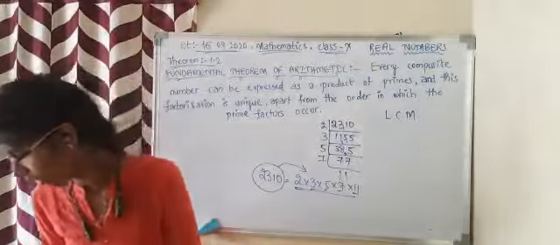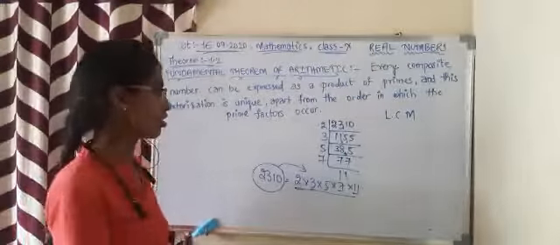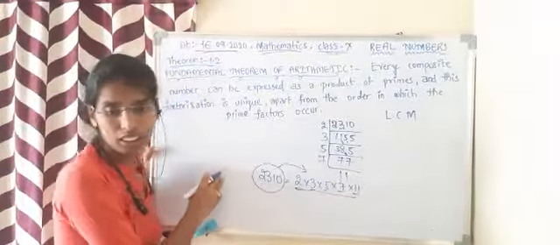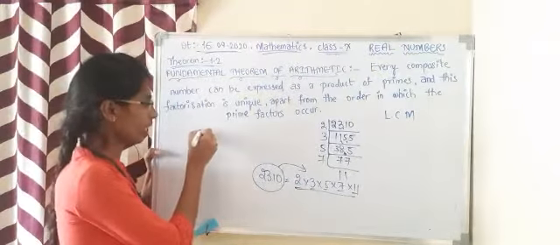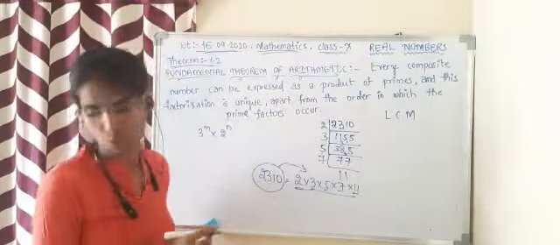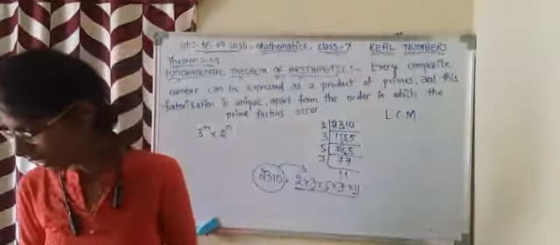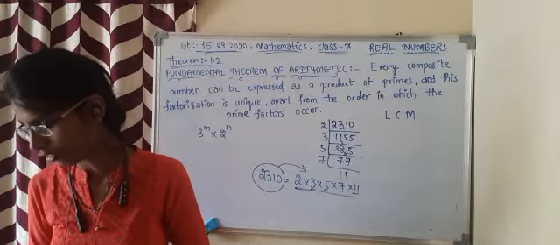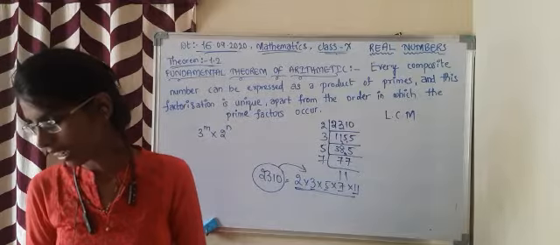Let us see another process. Let us take an example: show that 3^n into 4^m cannot end with the digit 0 or 5 for any natural numbers n and m.